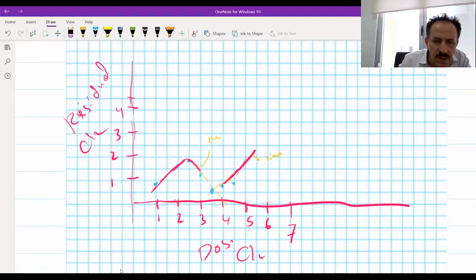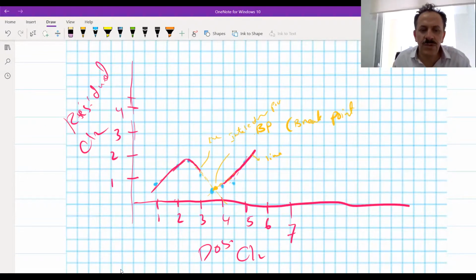So what will be here is the intersection point. It's called the break point, BP. The break point will give you exactly what you have to add. So what will be the break-even point? It will be the total demand.